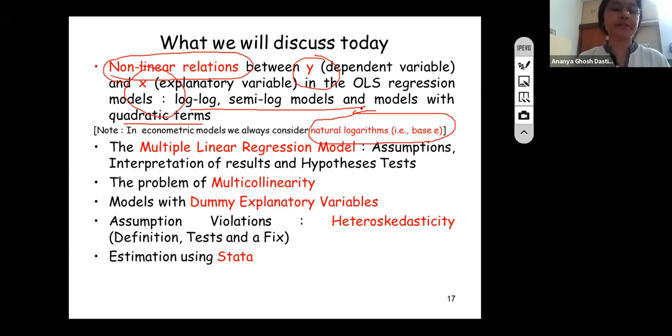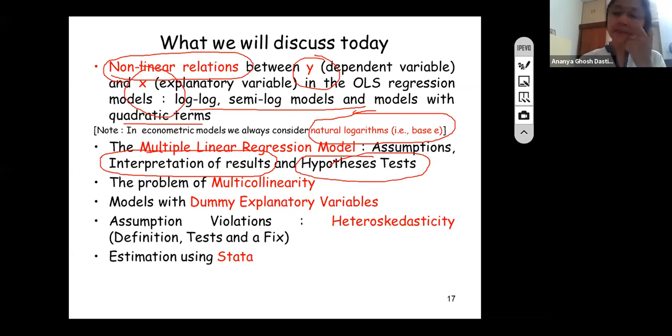That's one point. Now, having looked at all these nonlinear, that is log-log, semi-log models and so on, I'll move on to the multiple linear regression model, and in particular, talk about the interpretation of the results in such a model and take up something that we began yesterday.